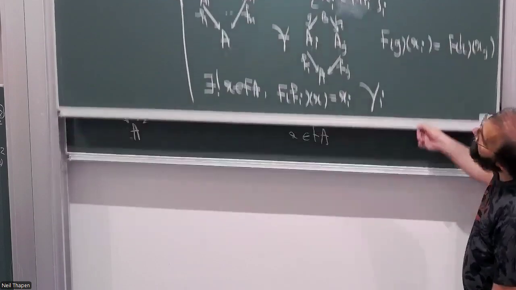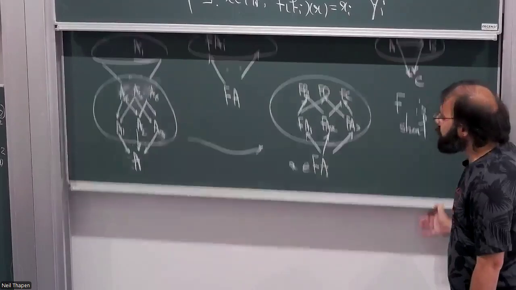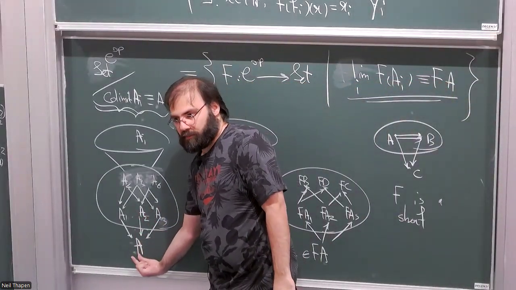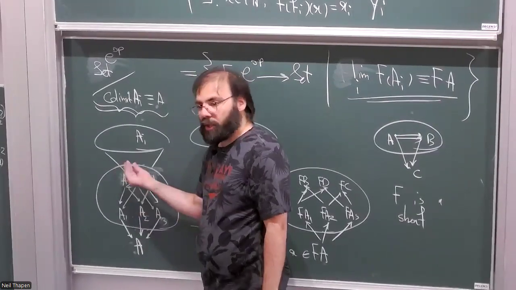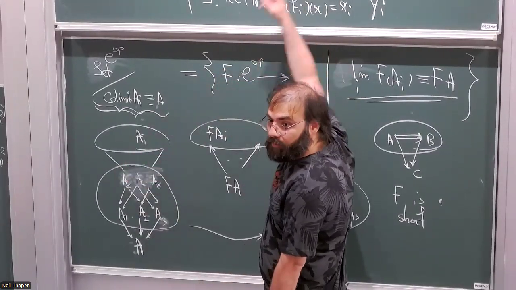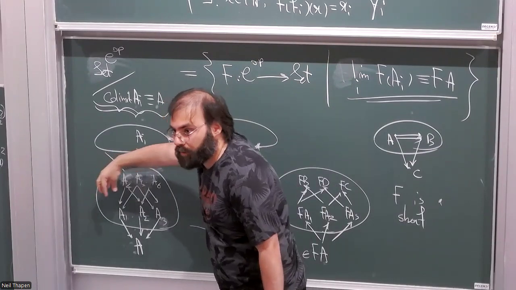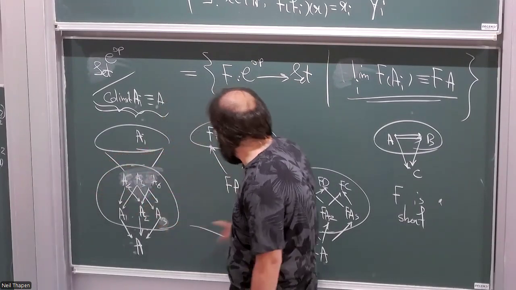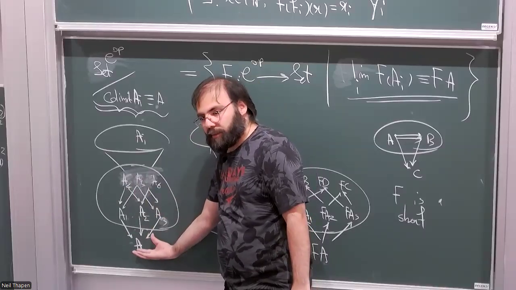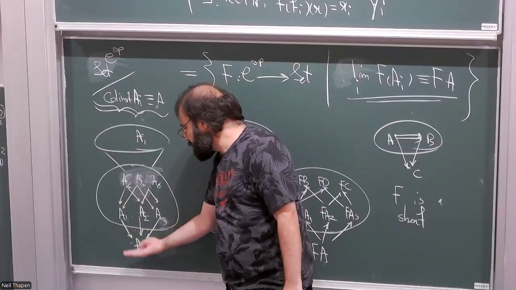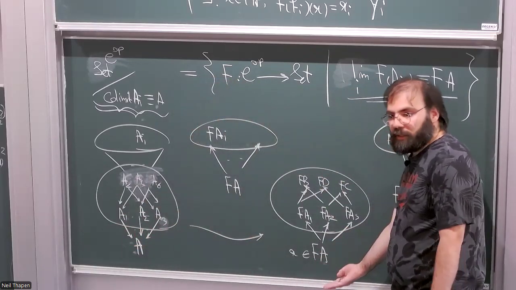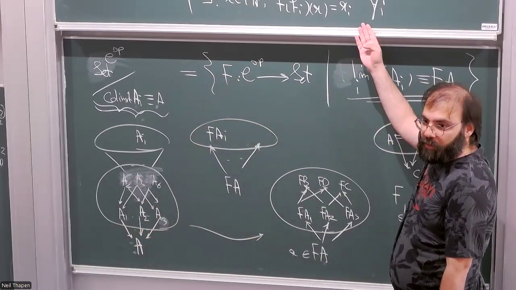So what I'm saying here is simply that if you start with a covering family, and you add all these B's to your diagram, then you have a big diagram. Saying that F respects this diagram, in the sense that F of A is the limit of the others, is nothing but the sheaf condition.